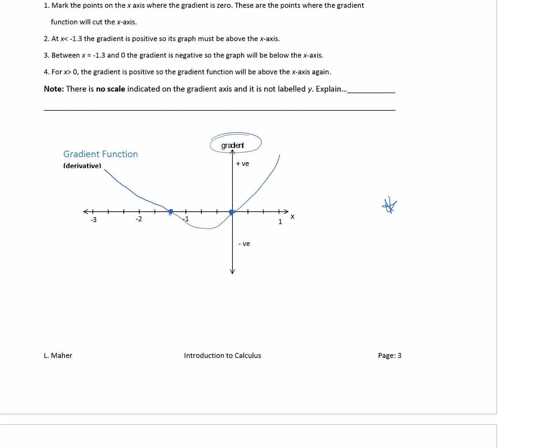Try to just hold on to that. So the original function was some cubic. The gradient function is some quadratic. Yeah, there's a connection between that, and we'll come across the exact association later in the chapter.